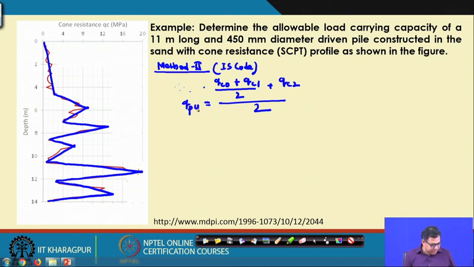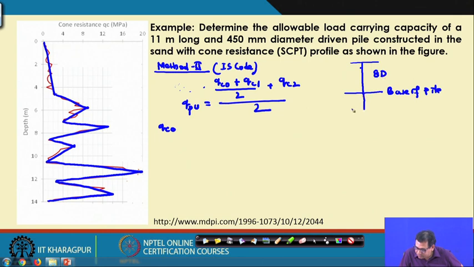Here, as I mentioned, my QC0 is the average of the zone below the base of the pile. So, this zone above we are taking 8D and this zone below we are taking 2D.